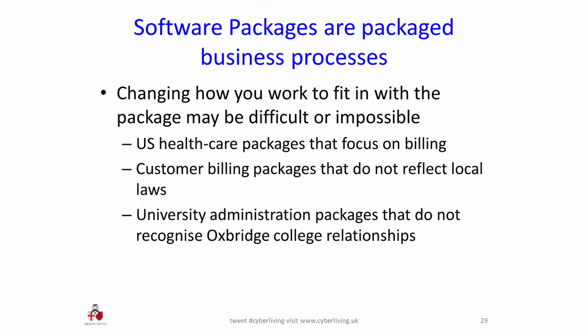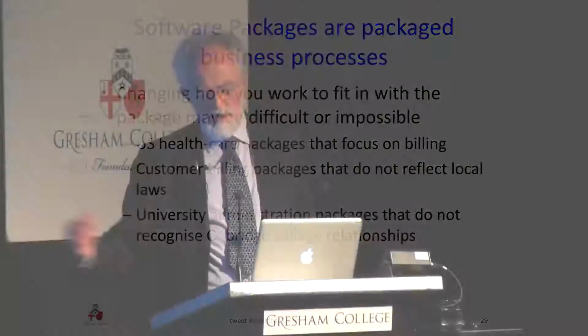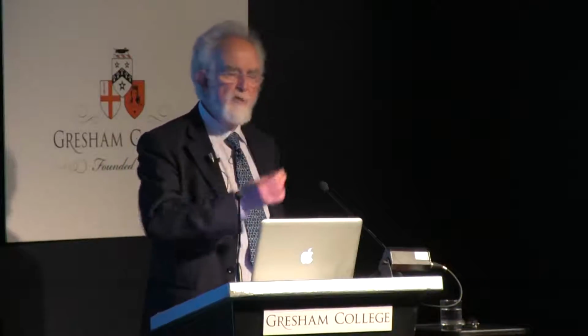And in other areas, I worked on a litigation for a utility company that had brought in a billing package for managing its customer data and processing bills for its customers for electricity. It was an Australian company, and the local Australian laws were very strict about the classes of vulnerable customers who you could not pursue rigorously if they hadn't paid their bills.